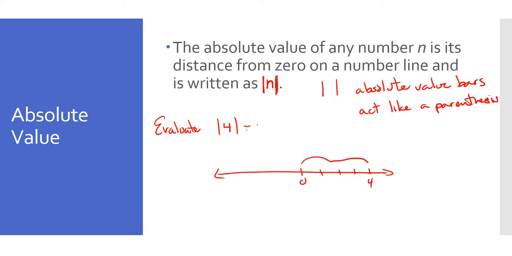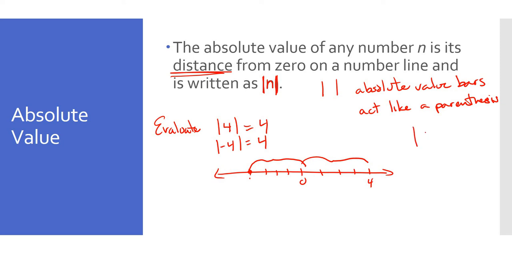It is 4 units from the origin, so the absolute value of 4 is 4. How far is it from the origin? What about the absolute value of negative 4? Well, negative 4 is over here, but again, what is the distance? The distance is also 4 units. So absolute value talks about distance.